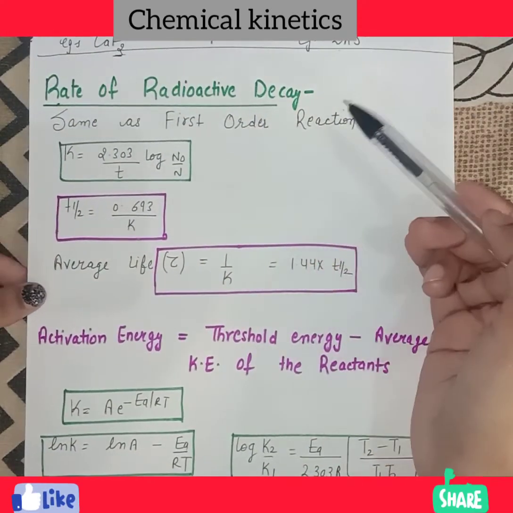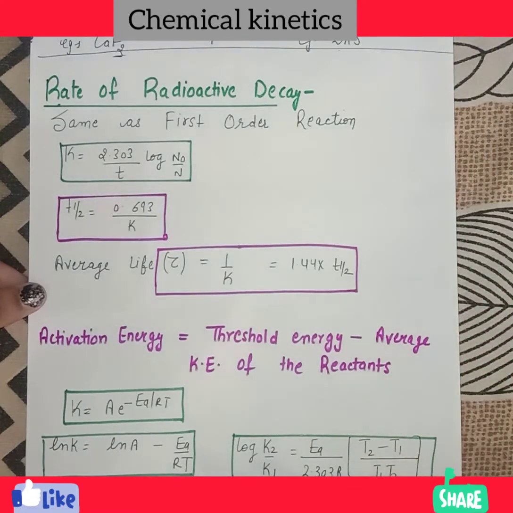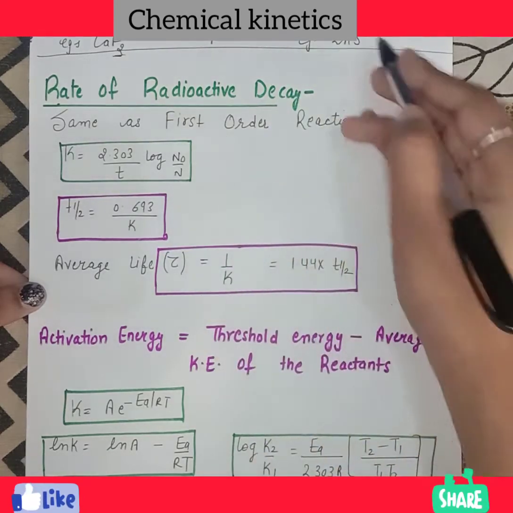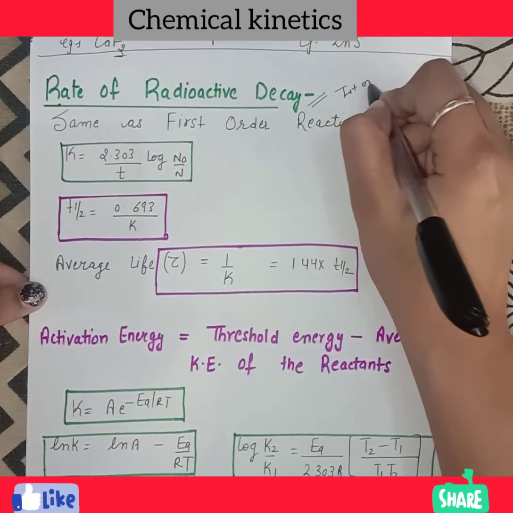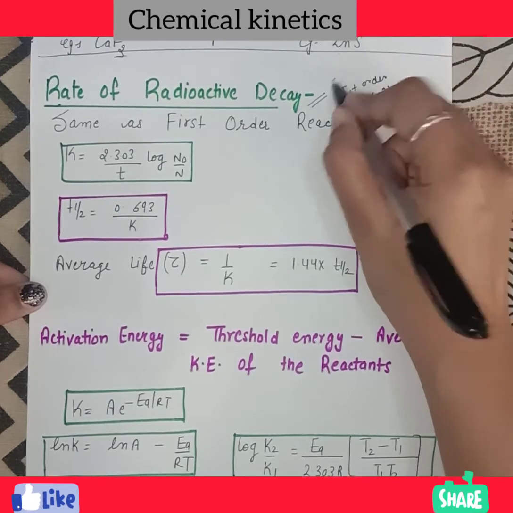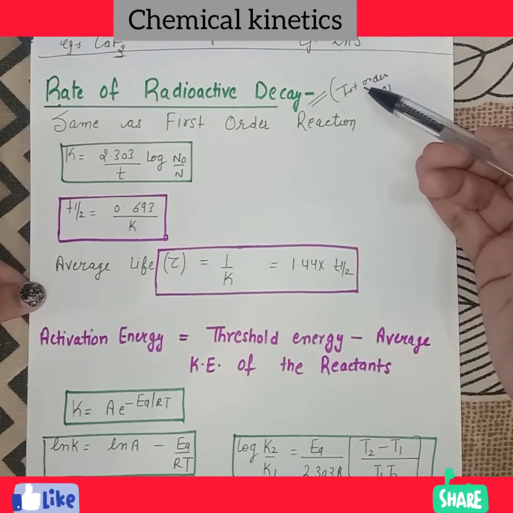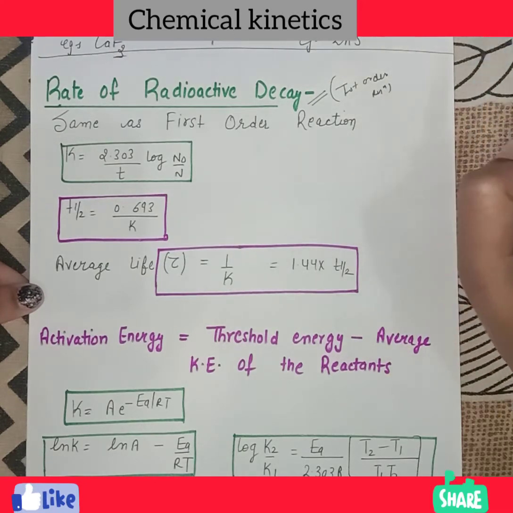Next is the rate of radioactive decay. For radioactive decay you have to use all the formulas of first order reaction. Radioactive decay is a first order reaction, and in any numerical, if the examiner talks about radioactive decay, then we have to use the formula of first order reaction.